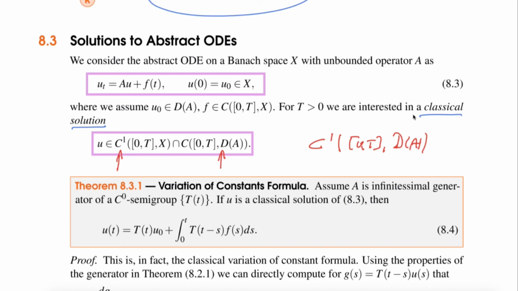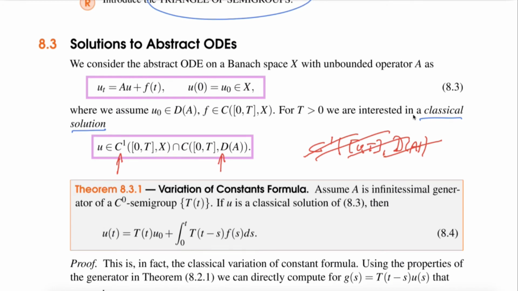We only need this weaker formulation in the pink box. Sometimes the stronger one might be true, but for the general theory it's asking a bit much. If A is the generator and T is a semigroup, then we can write down a variation of constant formula like I do down here.